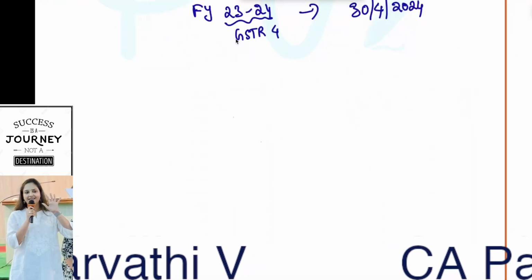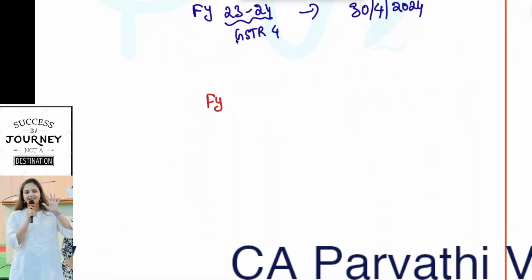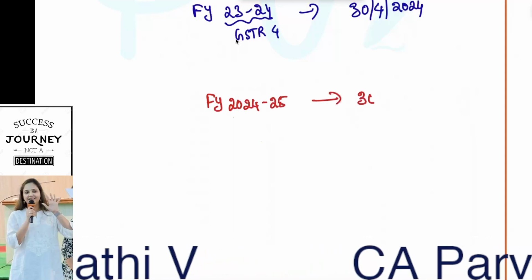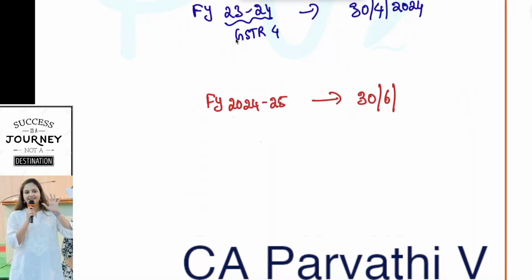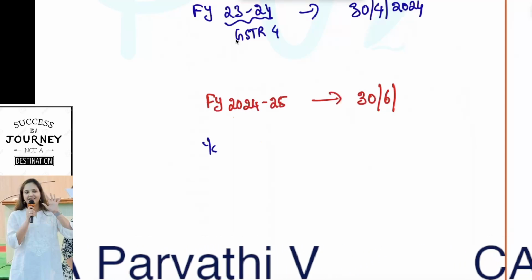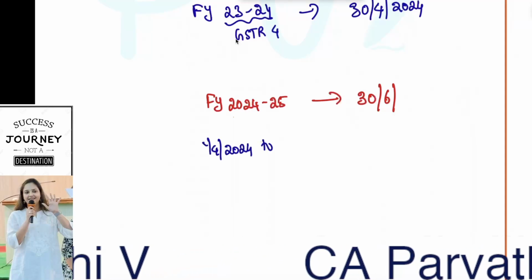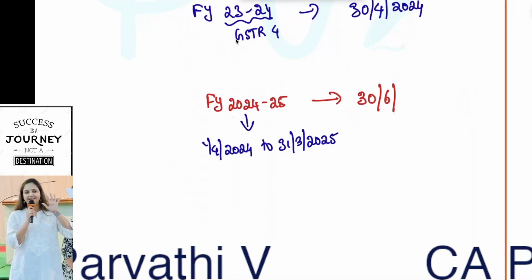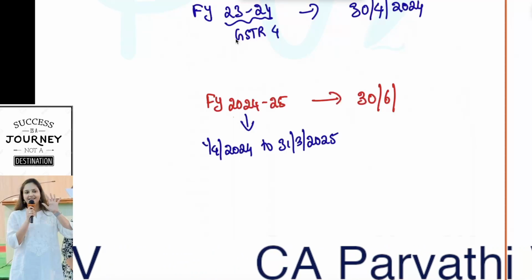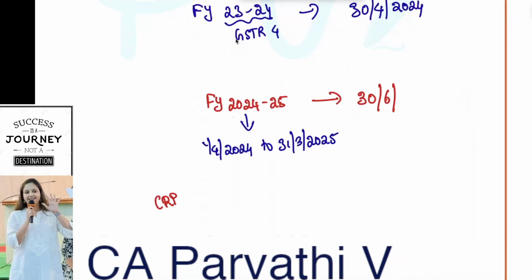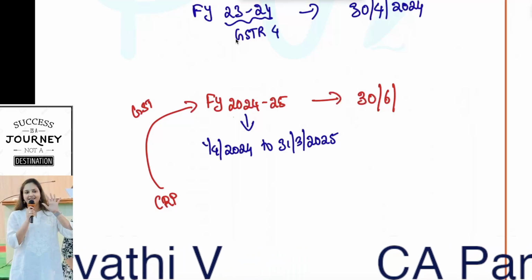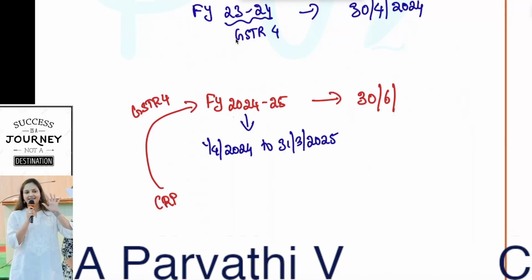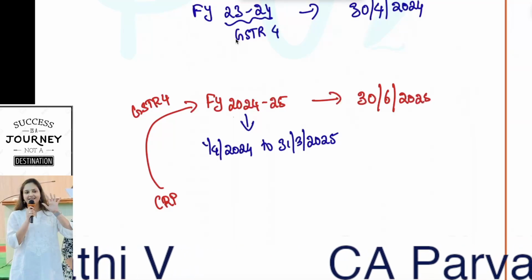So from financial year 2024-25, now the due date is 30th June of the following financial year. So for the period 1/4/2024 to 31/3/2025, which falls in financial year 24-25, the due date for a composition registered person to file his yearly return in form GSTR 4 is now 30th June 2025.